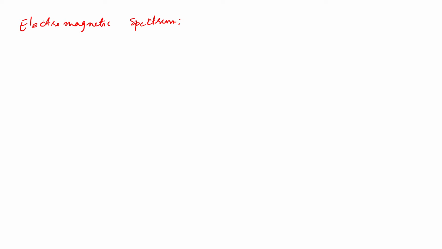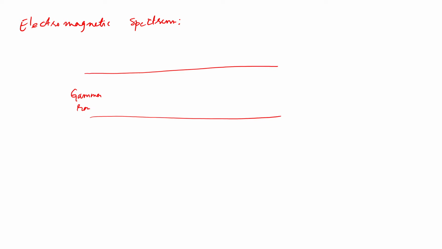And in case of the electromagnetic spectrum, we have different types of waves. So if I were to write based on the wavelength, you have gamma rays somewhere over here, right? Very low wavelength, right? So it could be something like 10 to the power minus 14 meters.